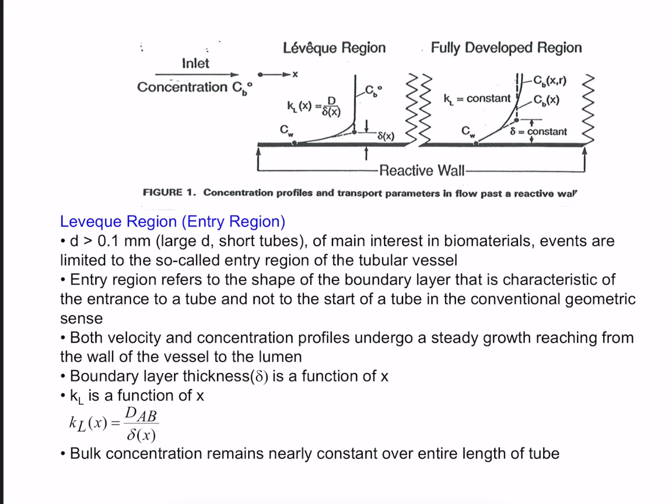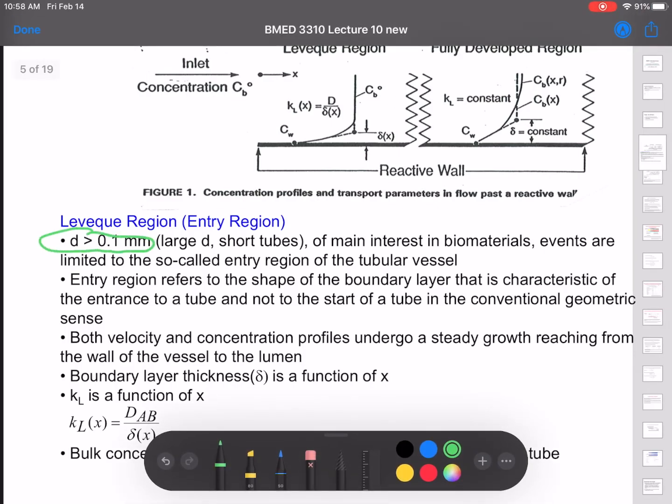Okay, so in this case, we're going to look at large diameter short tubes. Basically, the importance of this is that it takes several diameters downstream before you're fully developed, especially for laminar flow.